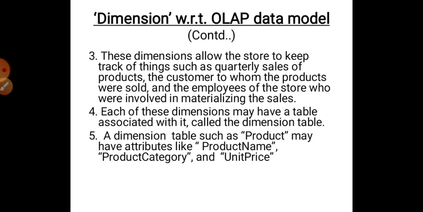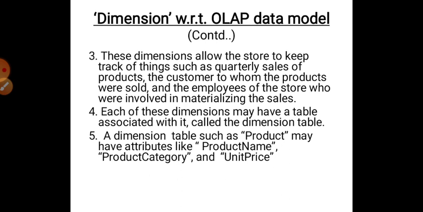These dimensions allow, point number 3, to keep track of things such as quarterly sales of the products, the customer to which products were sold, and the employees of the store who were involved in materializing the sales. So who were the employees working when this sale was going on.